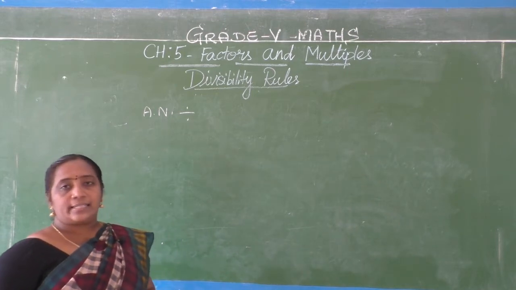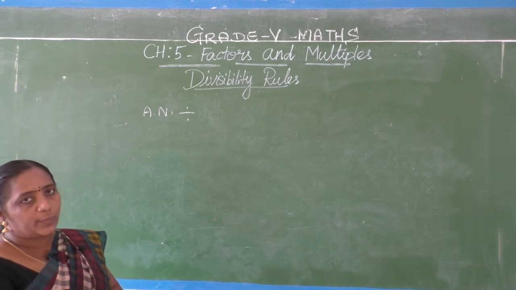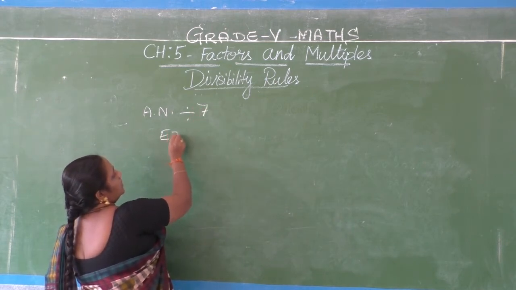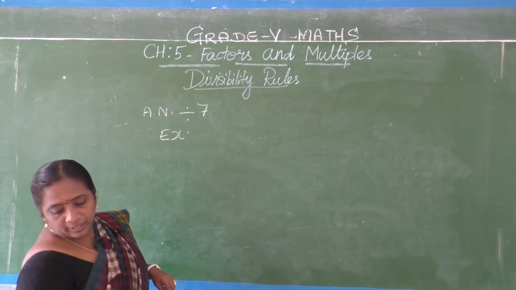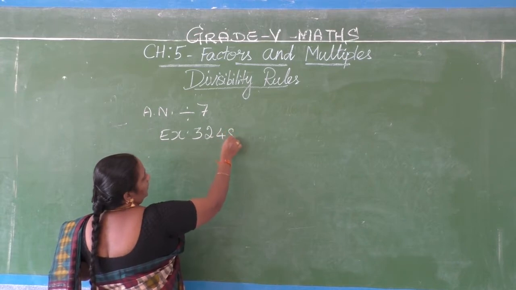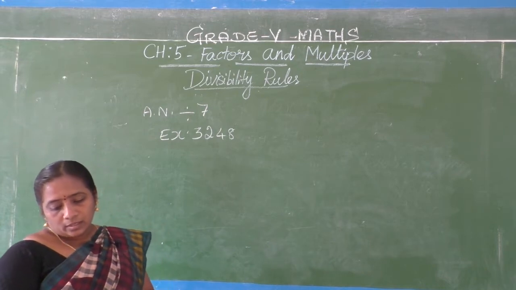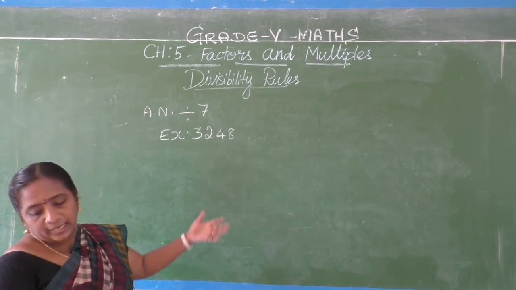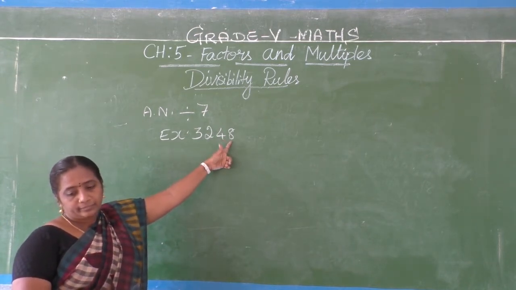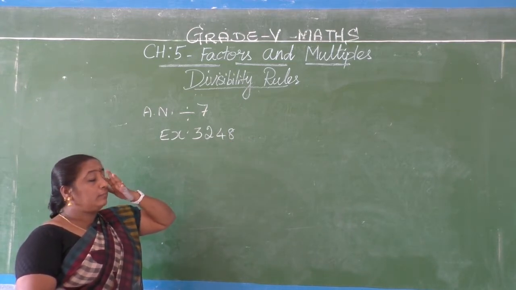If the difference of twice the digit in the ones place and the rest of the number is divisible by 7. Listen, for example, I will give you 3248.